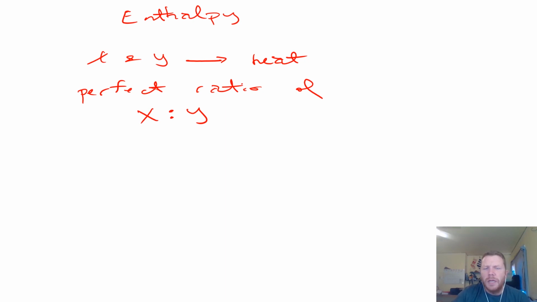Okay, so the procedure here has you going through a number of different trials. We'll say trial number 1. I'm going to scribble that out and rewrite it. So T1, and I'm going to put X, Y, and heat, or temperature, I suppose.